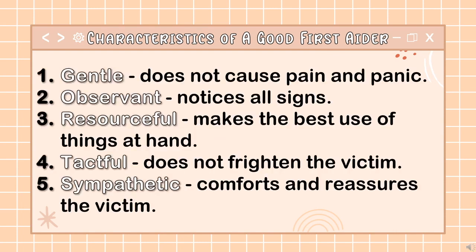Being gentle means you don't cause pain and panic. Observant, you notice all the signs. Resourceful means you make the best use of things at hand. Tactful, you don't frighten the victim. And sympathetic, it means you comfort and reassure the victim.